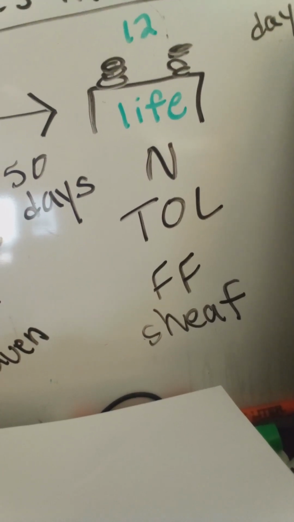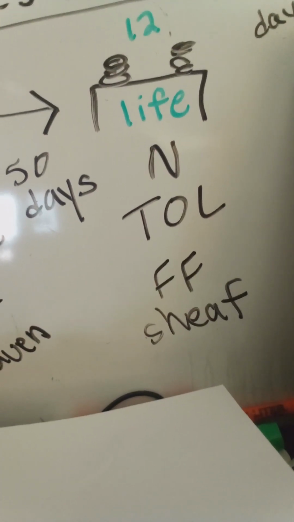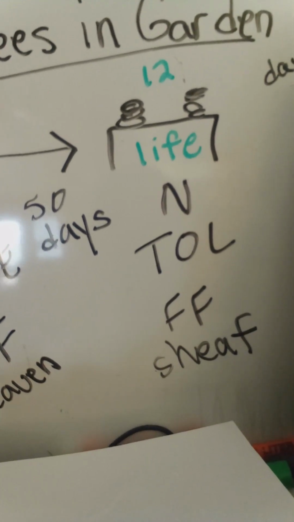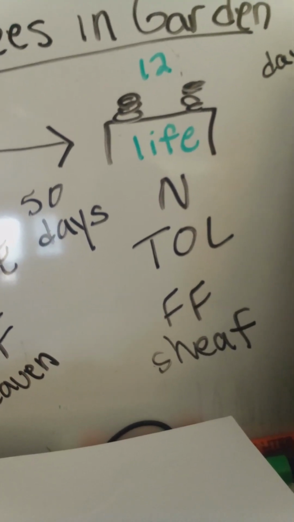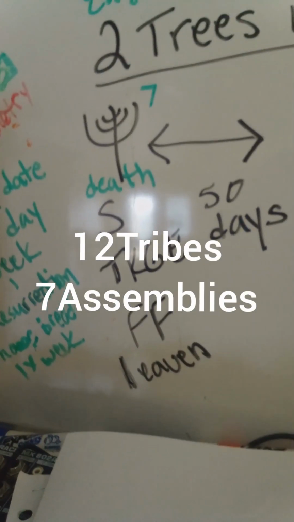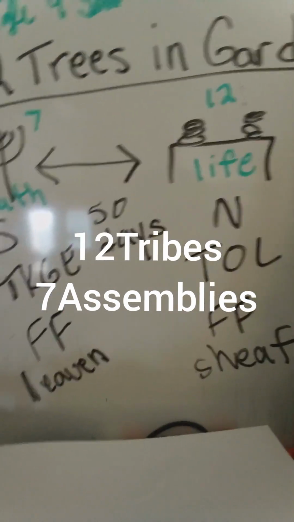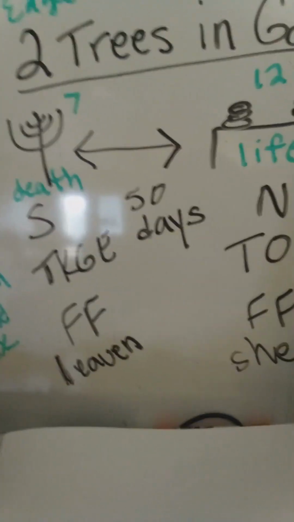Dan is the serpent in the way, or the adder in the way. So you have 12 tribes represented here of Israel, and you have the 7 assemblies represented here. That's in Revelation.